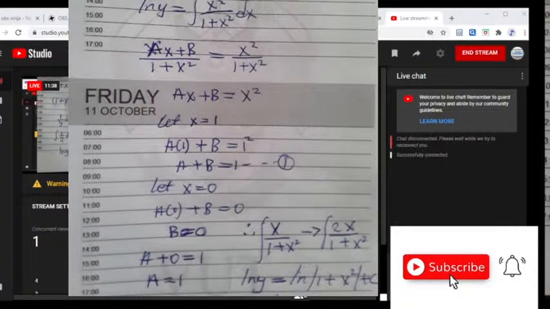Then we go back and substitute b and a into our partial fraction where we decomposed initially.